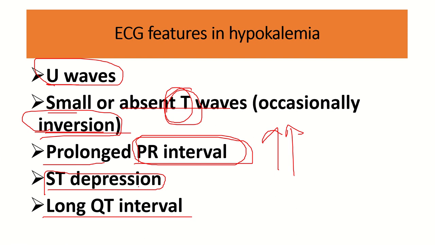So it is now clear that all intervals will be increased. Two important intervals in hypokalemia are the QT interval and the PR interval. Both increase in hypokalemia, so hypokalemia causes increased intervals on the ECG tracing.